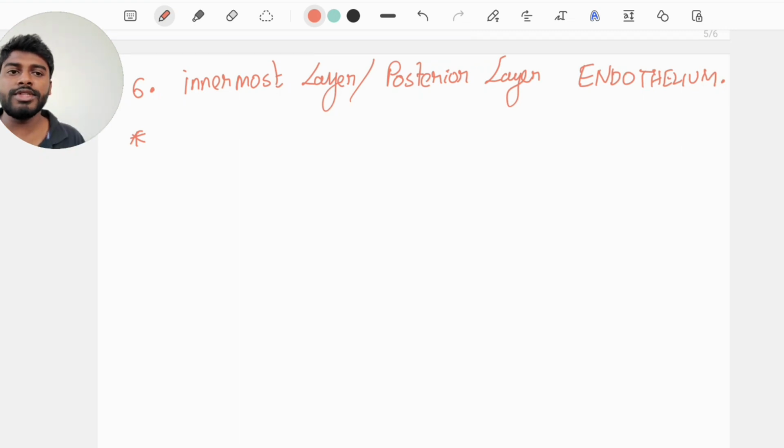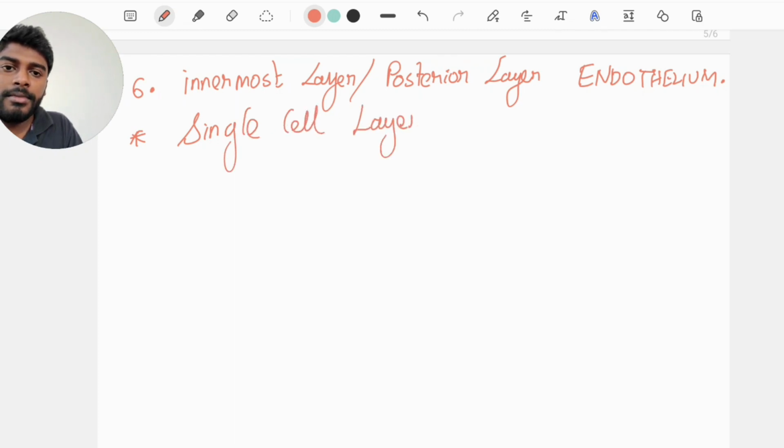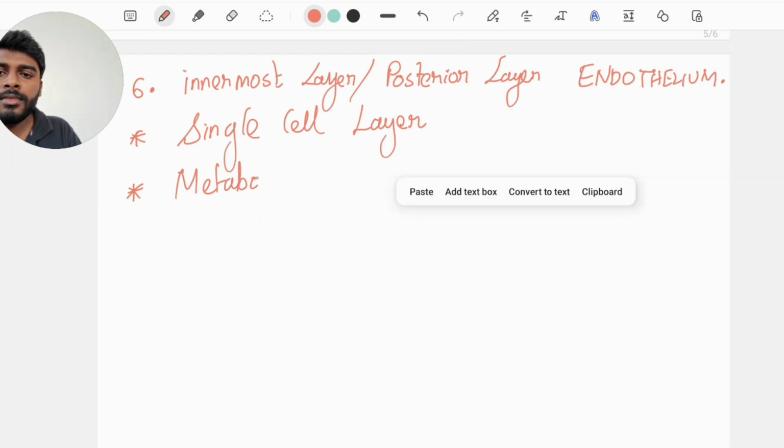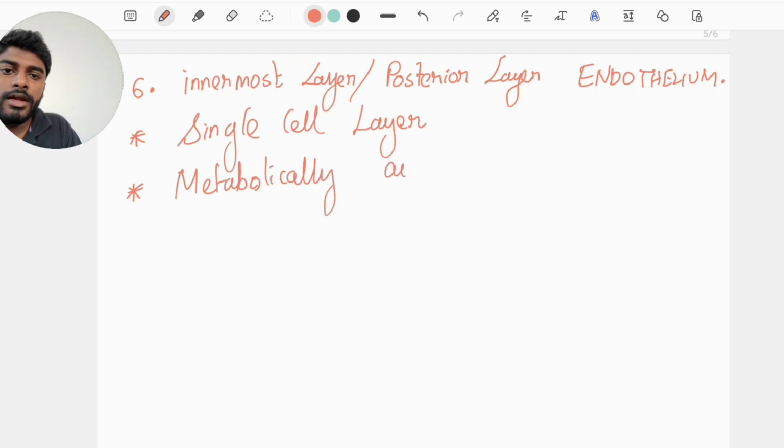Epi means the outermost layer, and endo means the innermost layer. It is a single cell layer. This is a metabolically active layer.